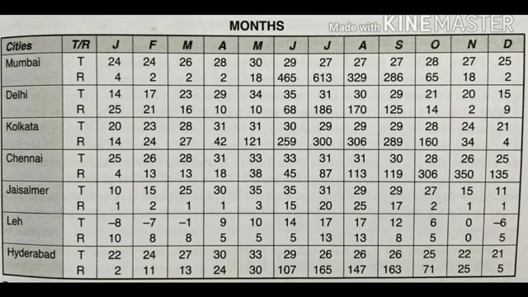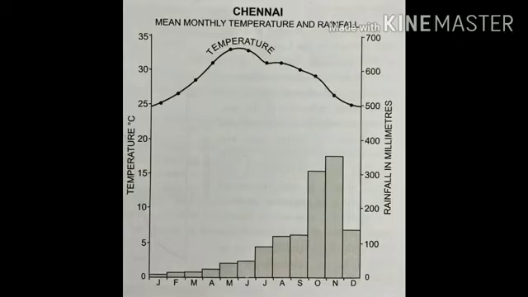It lies in the rain shadow area of the Western Ghats and does not receive rainfall from the southwest monsoon coming from the Arabian Sea. The southwest monsoons of the Bay of Bengal are parallel to the Chennai coast and do not bring rainfall.